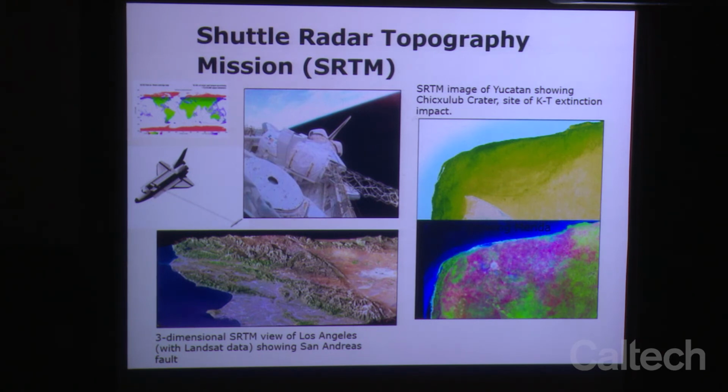Now, SRTM generated a very nice digital elevation model. It's in wide distribution. It's used all over the place. But one thing to point out, what we learned from studying radar backscatter in the previous material, is that you're getting various levels of penetration into the vegetation. You're getting various interaction mechanisms that occur.